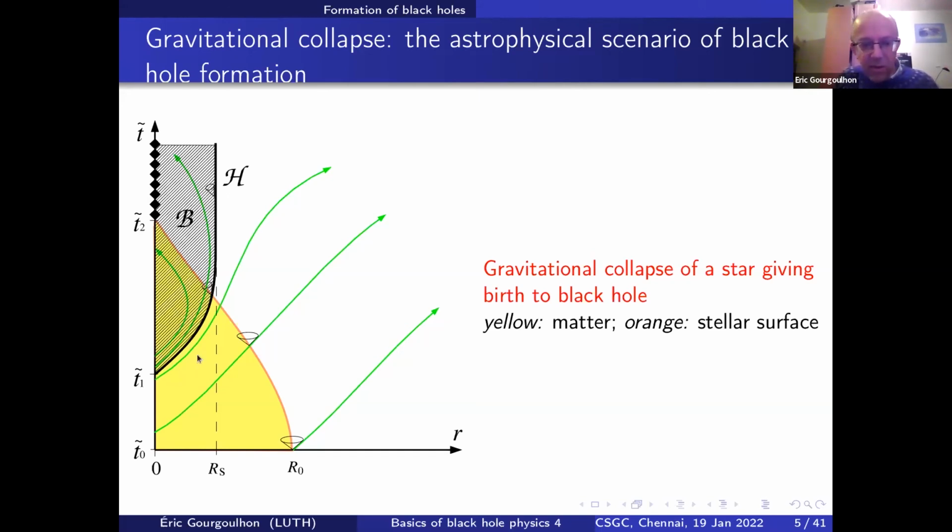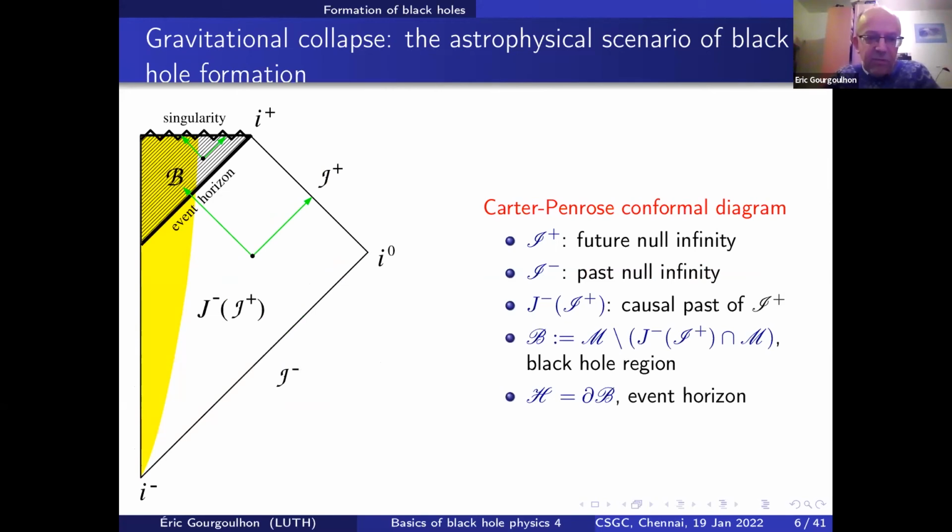This is now a conformal Carter-Penrose diagram of the same event, the gravitational collapse of a star. The star now is this yellow part. It does not look like it is collapsing, it looks more like expanding in this diagram, but this is an artifact of the coordinate choice.